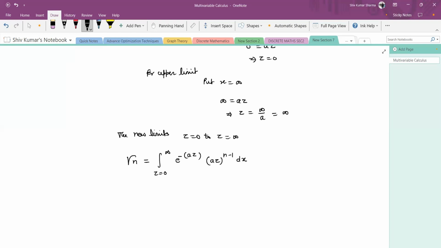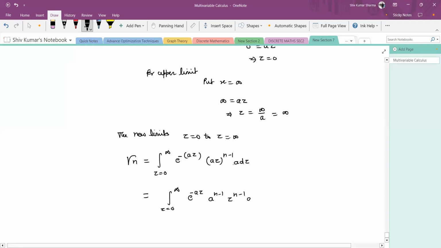The value of dx is a dz. Now when we simplify this, it can be written as integral z from 0 to infinity e raised to the power minus az and a raised to the power n minus 1 z raised to the power n minus 1 into a dz.